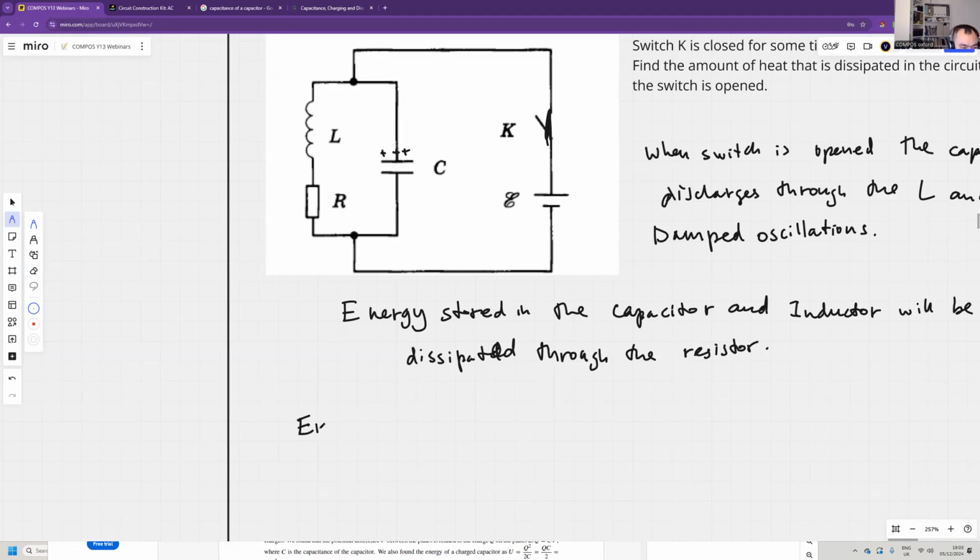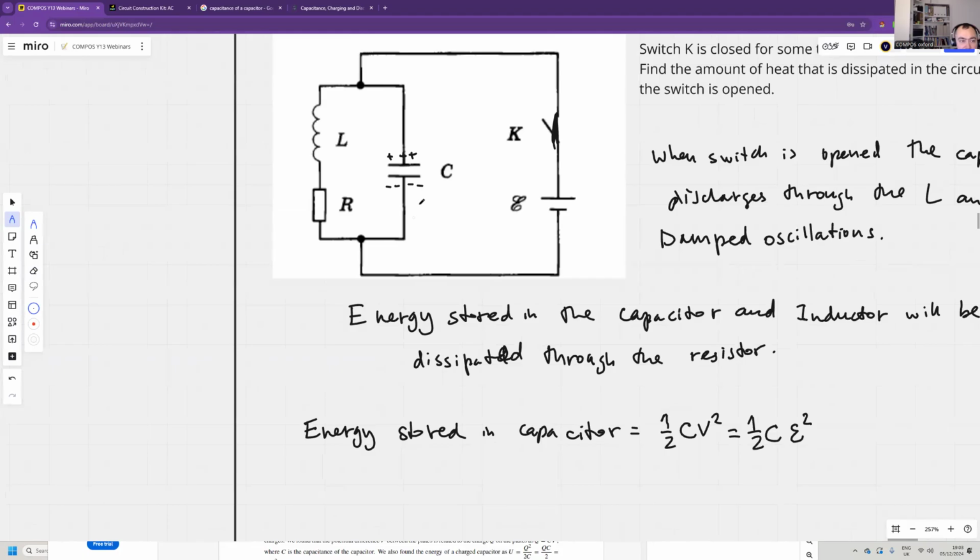So energy stored in the capacitor is equal to 1/2 CV squared, and in this particular case it is 1/2 C times EMF squared, because the voltage on the capacitor is equal to the EMF.